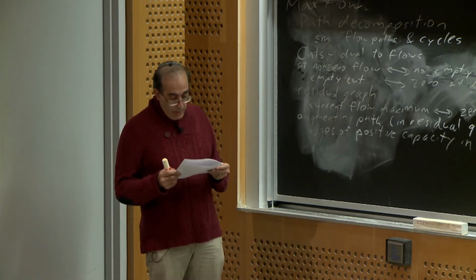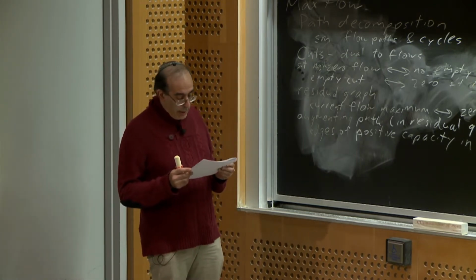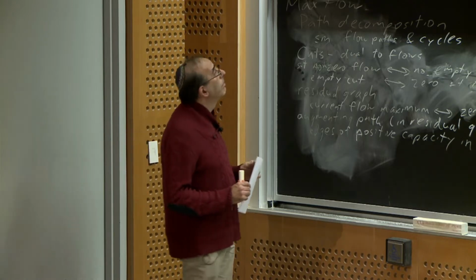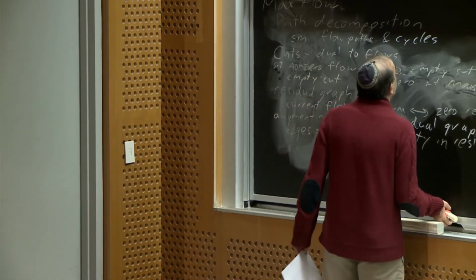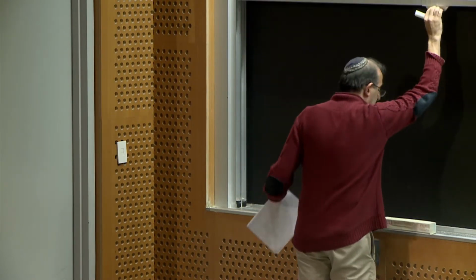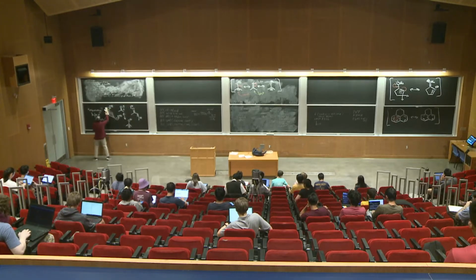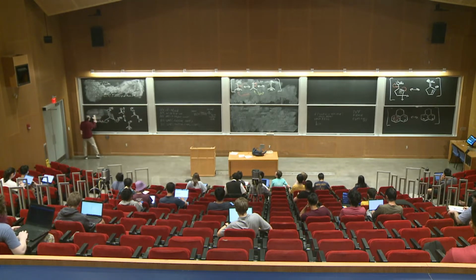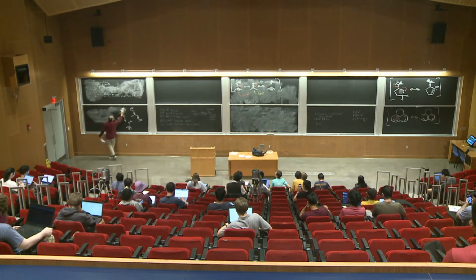Okay, and so that's kind of where we left off last time, if I'm understanding correctly, with the idea that this basic idea of an augmenting path can give you an algorithm for computing max flows.